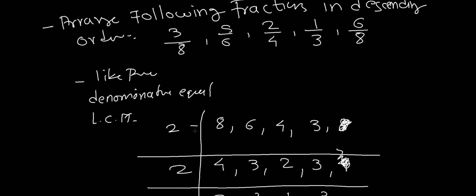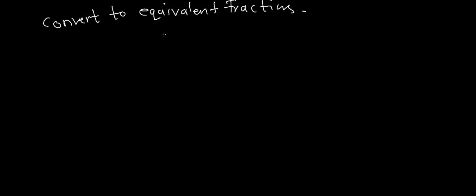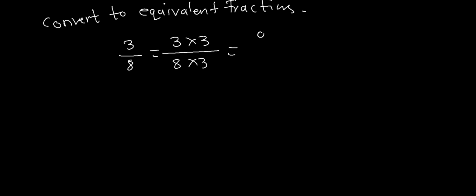Now we have to convert these fractions into equivalent fractions by making their denominators 24. So 3 by 8 equals 3 into 3, 8 into 3, which gives you 9 by 24.